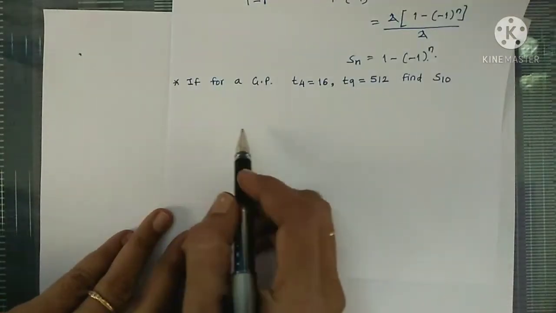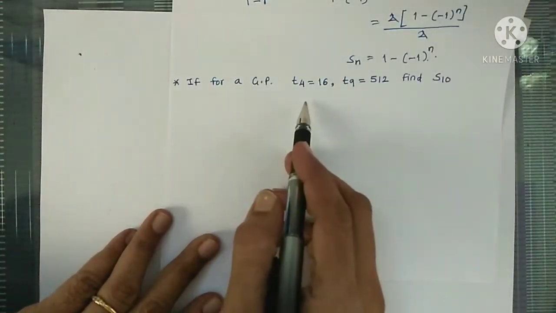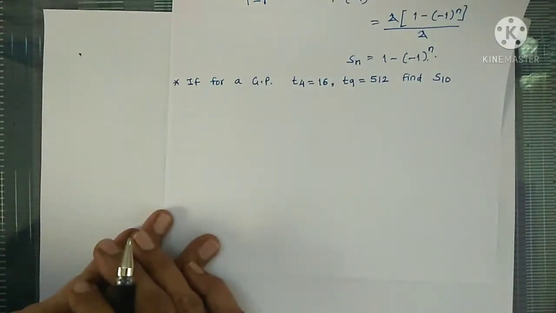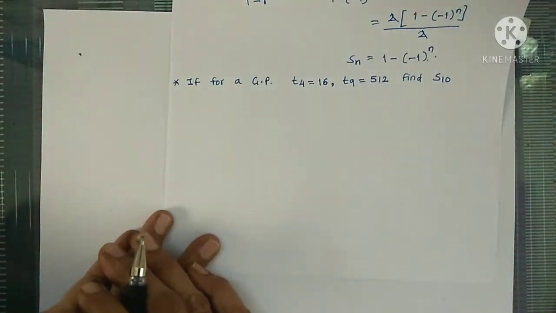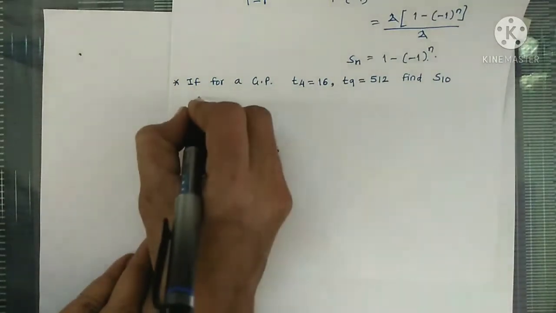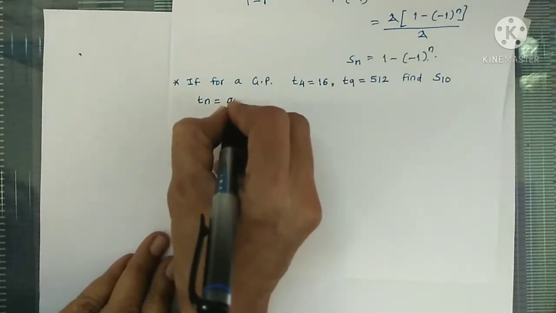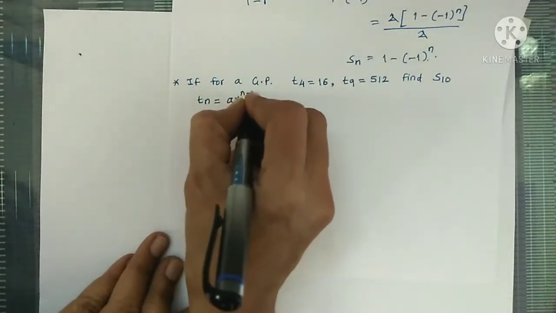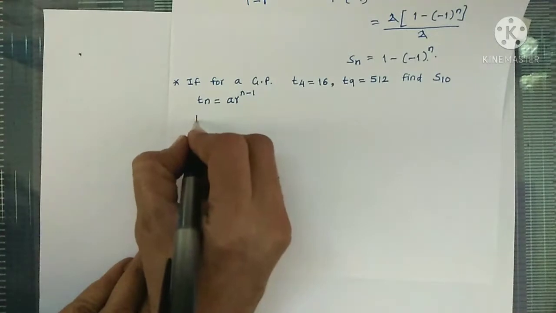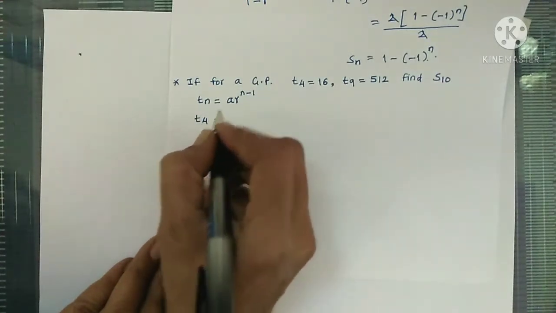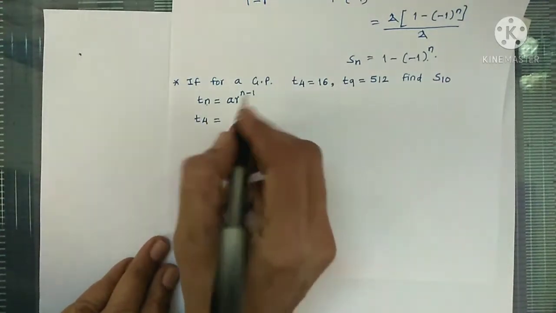Now consider this question. If for a GP, 4th term is 16 and 9th term is 512, find the sum of first 10 terms, that is S10. Now T4 and T9 are given. So we have to use the formula for Tn, which is A r raised to n minus 1. T4 is given, so we put n equal to 4 here.